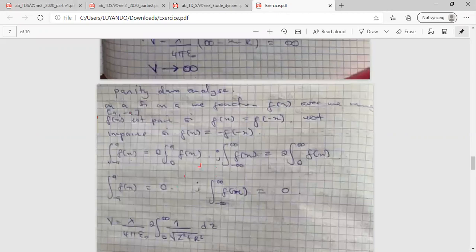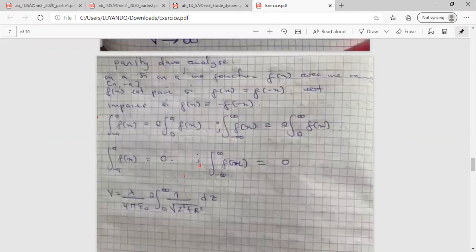Parity in analysis is like pairing. You can have an odd function or an even function. If we have a function f of x with a range a to negative a, so here we can have 1 to -1 or positive infinity to negative infinity, which we have in our case, f of x is even if f of x is equal to f of negative x, and f of x is odd if f of x is equal to negative f of negative x.